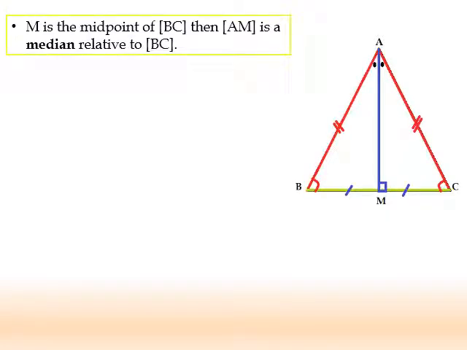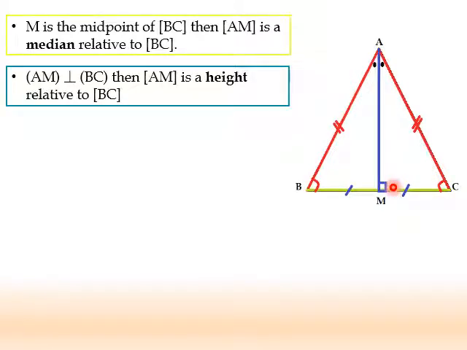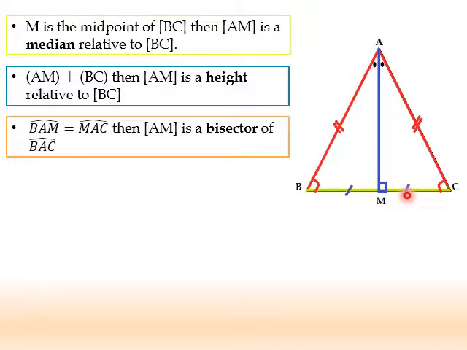Now, this is our figure again. M is the midpoint of BC, then AM is a median relative to BC. AM is perpendicular to BC, so AM is a height relative to BC. I'm repeating in order to hear them again, to understand them well.